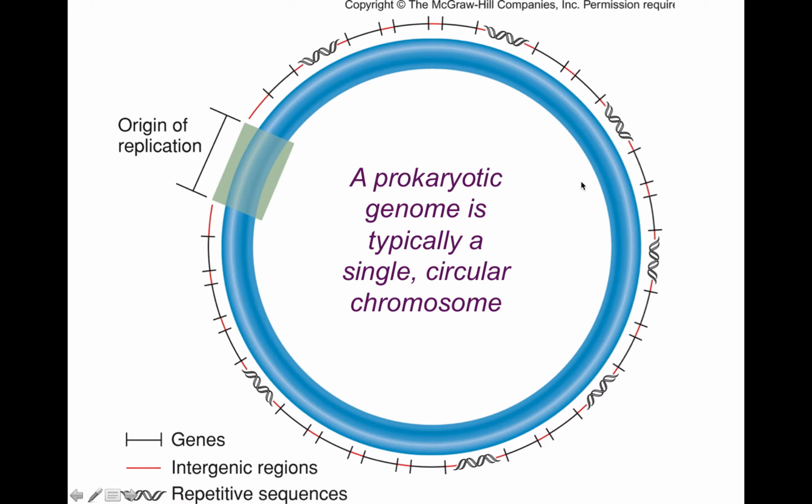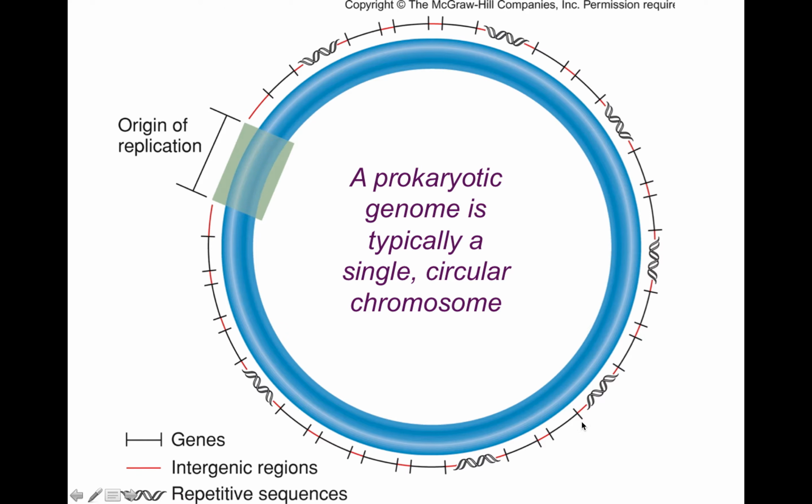The DNA in this single chromosome can be annotated. We can find regions that encode genes, here indicated by these black lines. We can find regions that contain repetitive DNA sequences, in other words, DNA where the sequence of the nucleotides is repeated over and over and over again.